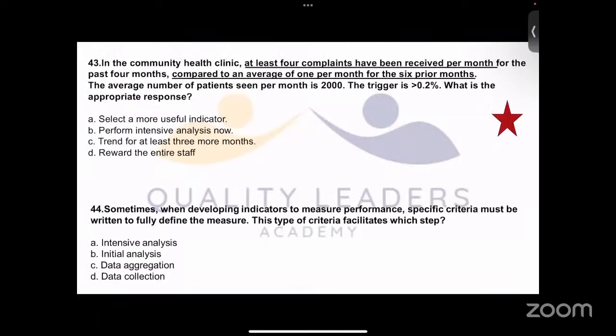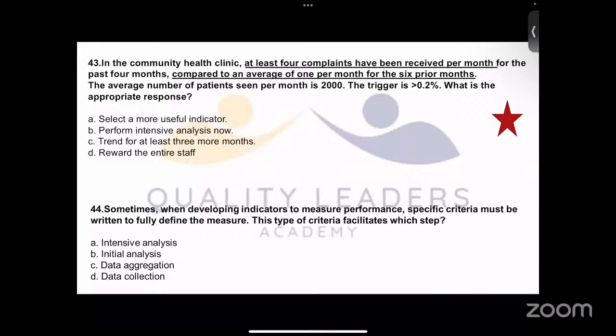That's the Pareto rule. Number 43, in the community health clinic, at least 4 complaints have been received per month, meaning 1 complaint in every month for the past 4 months, compared to an average of 1 per month for the 6 prior months. The average number of patients seen per month is 2,000.